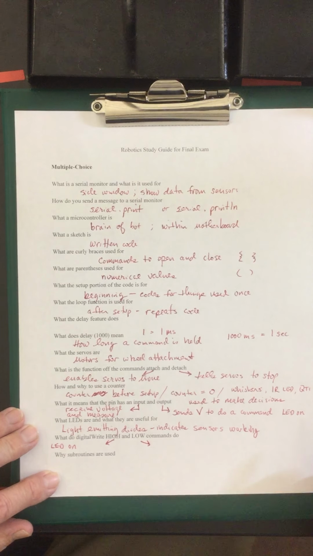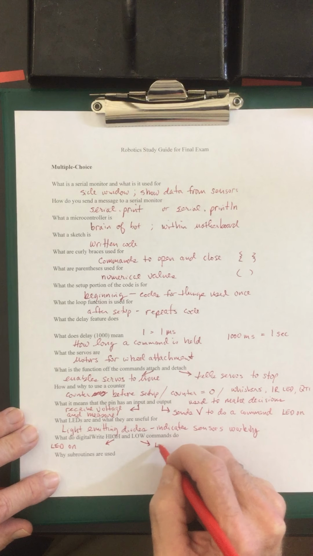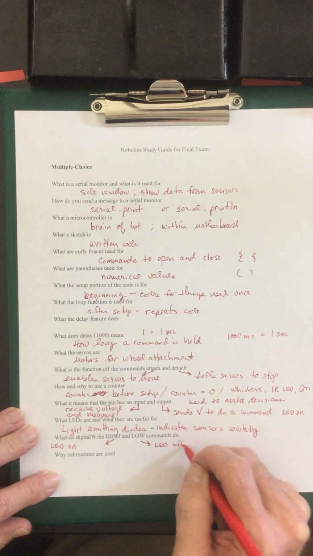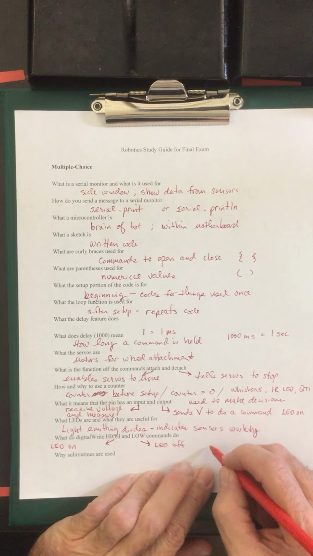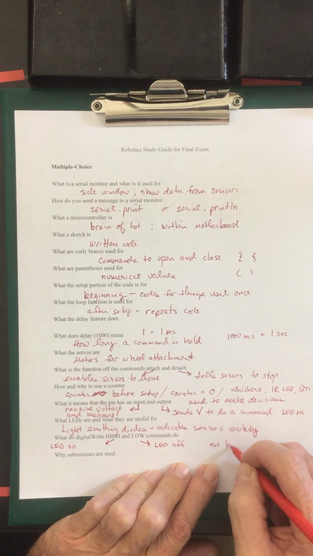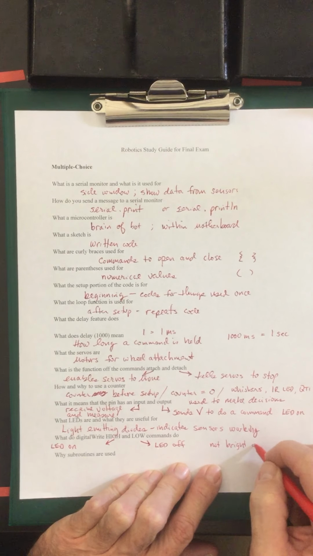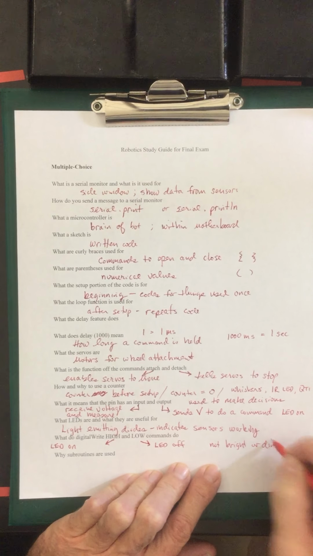Low means the LED is going to be off. It doesn't mean that it's going to be dim. So the high and low commands are either an on or an off system. It's not a light intensity, so it's not being bright or being dim.